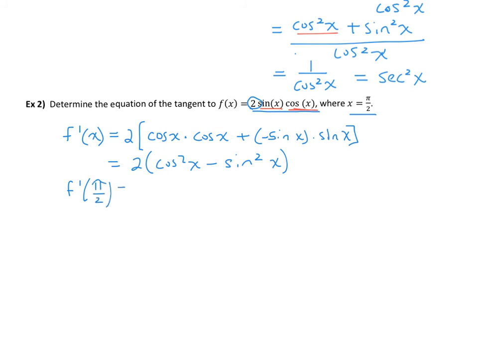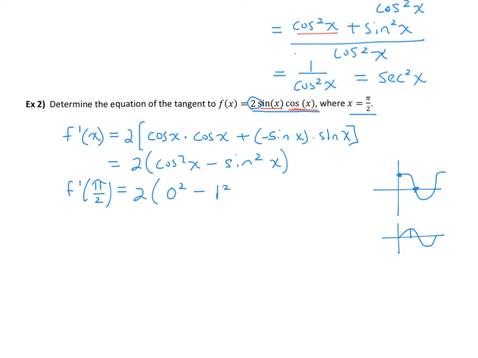So pi over 2 is just your 90 degrees there. We want the cos of 90 degrees. So if you think of your graph of cos starts at 1, goes like that. At 90 degrees would be right here, the cos of pi over 2 would be 0. So this is going to be 0 squared minus, and then if you think of your sine curve, at pi over 2 is right at the 90 degrees, it has a value of 1.